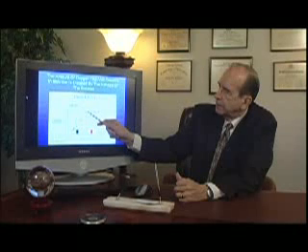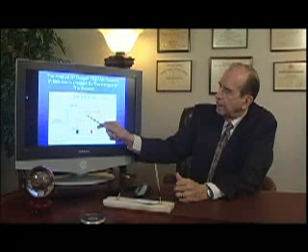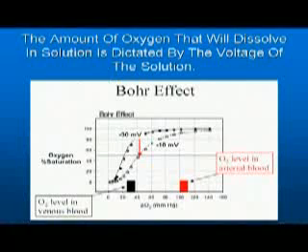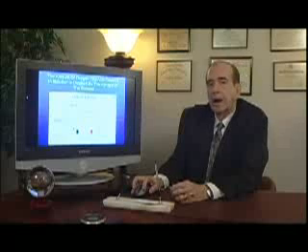So the oxygen saturation goes from 100% down close to 80% by just dropping your voltage 20 millivolts. So when your voltage is low, then your oxygen level is low. So people who have low voltage, which is almost always the case when you have chronic disease, will be depleted in oxygen. And of course, the higher altitude you live, the less oxygen that's available and the less pressure as well. And so that's a compounding factor.